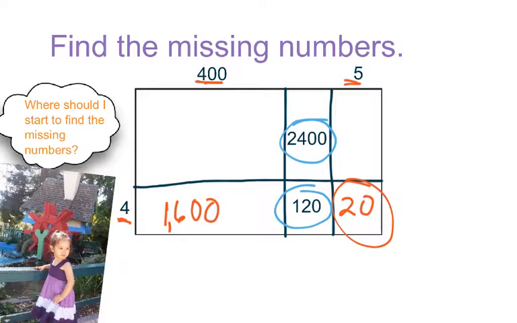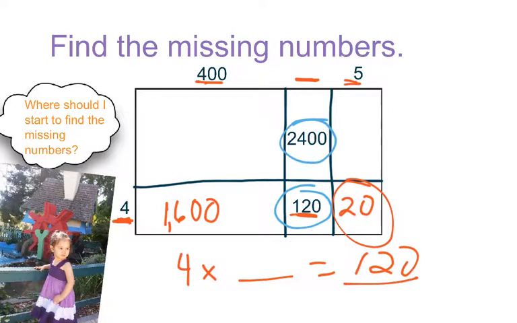Now, I don't know necessarily right here what would go there, but I do know that it's multiplied by 4 to get to 120. So I know 4 times something is 120. And of course, I can use algebra to solve by dividing both sides by 4.